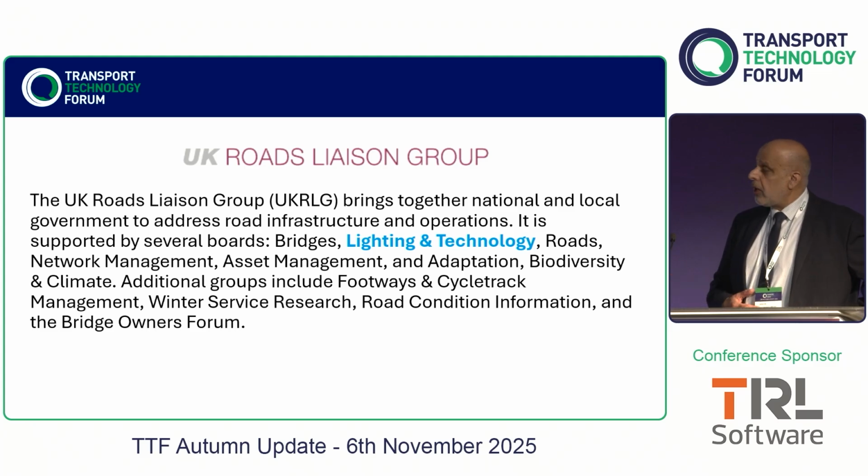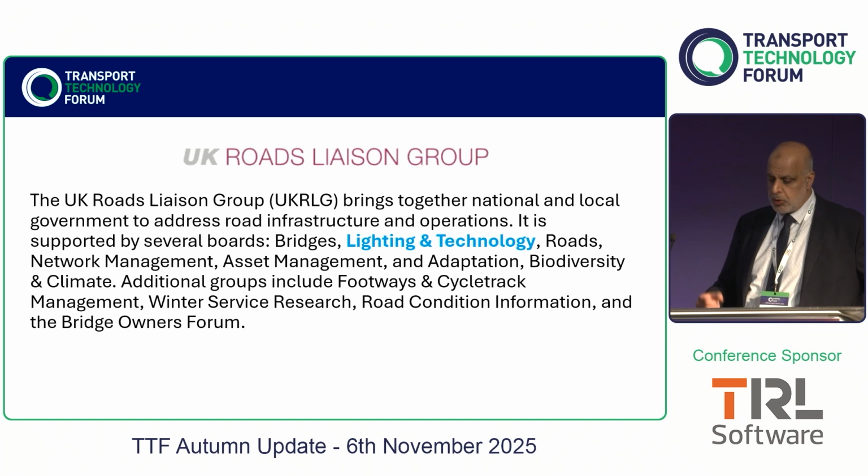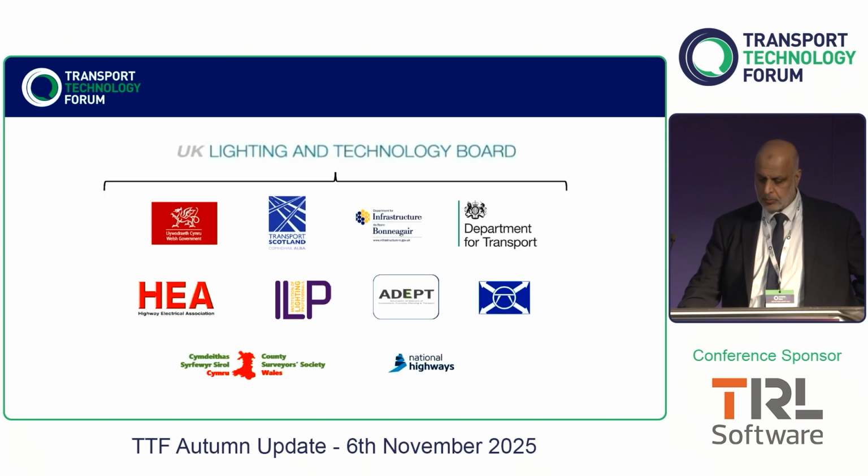Just if you're not aware of who UK Liaison Group is, it's a group that brings together national and local governments and that look at the infrastructure and the operation of and support the highway network from that perspective. And you can see there are a number of boards there, and Lighting and Technology Board is one of those boards.